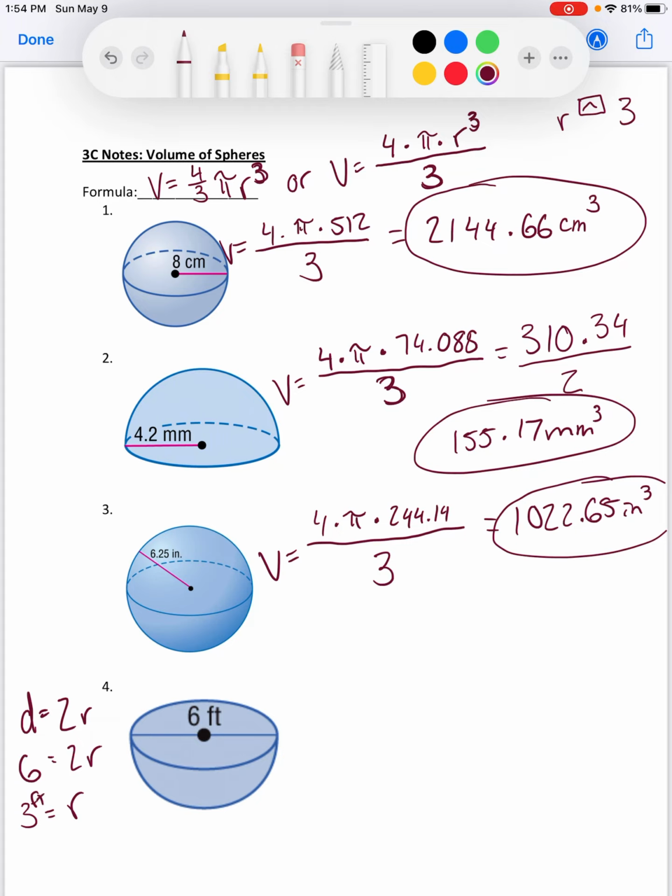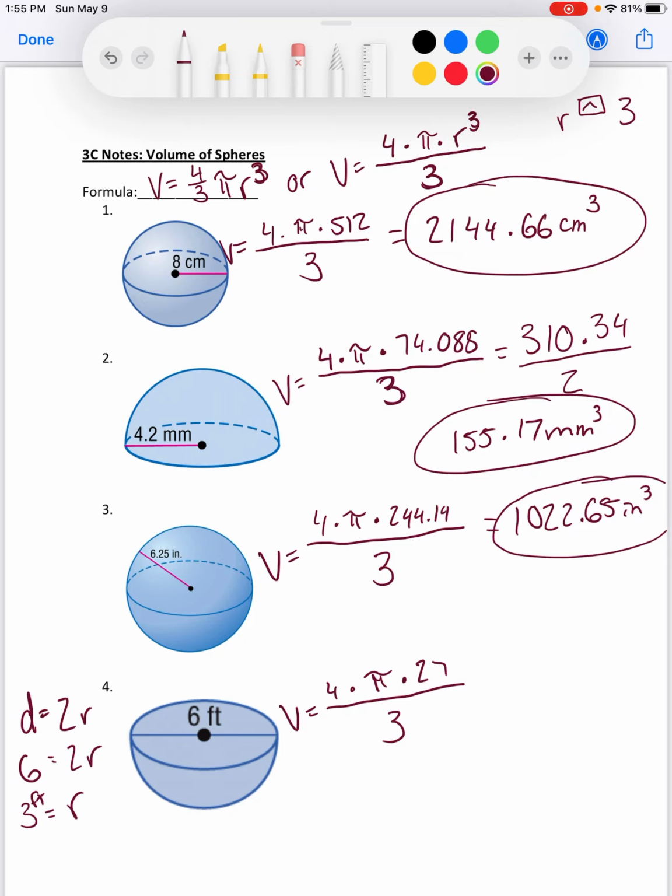Now we can just plug that straight into our formula. So volume equals 4 times pi times radius to the third power, and 3 to the third power would be 27 divided by 3. So let's punch this into our calculator.